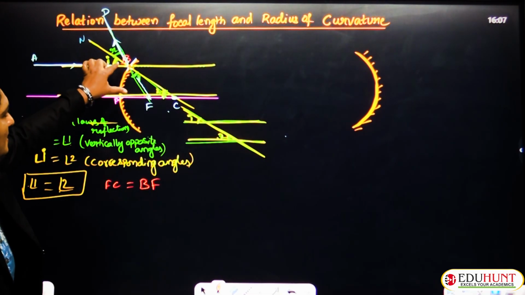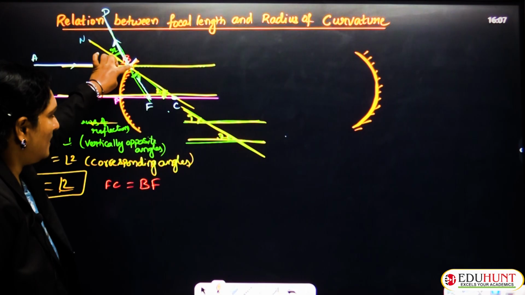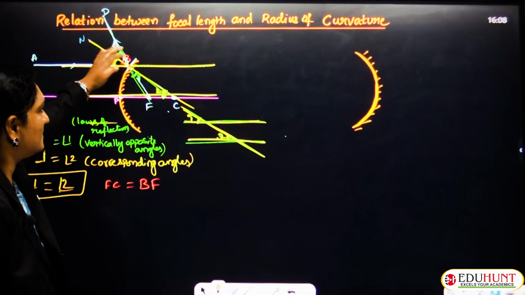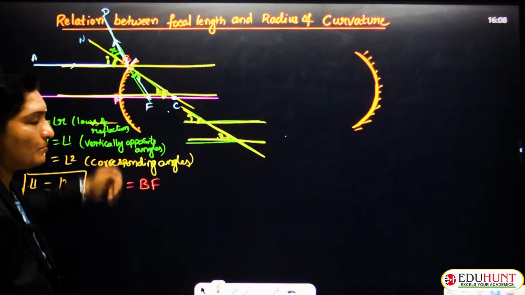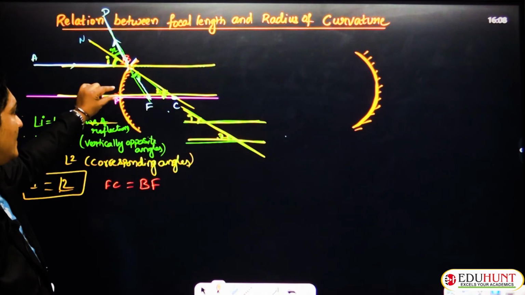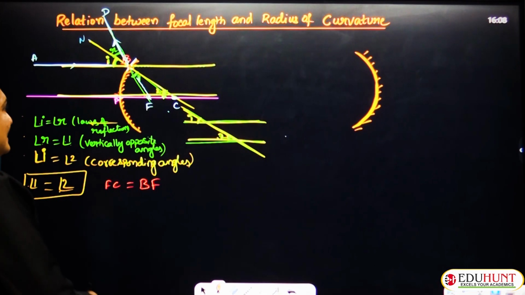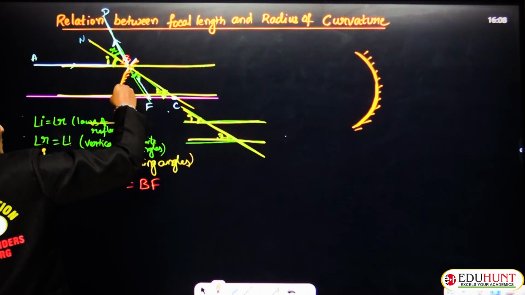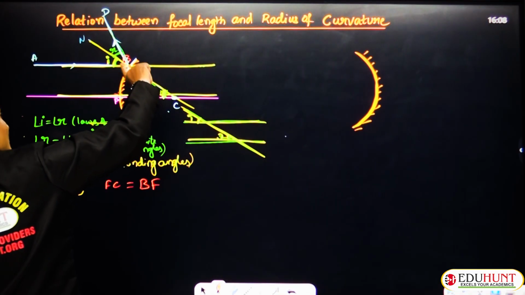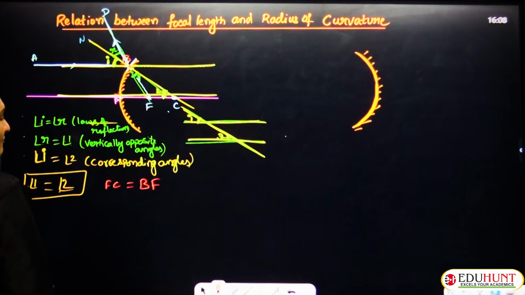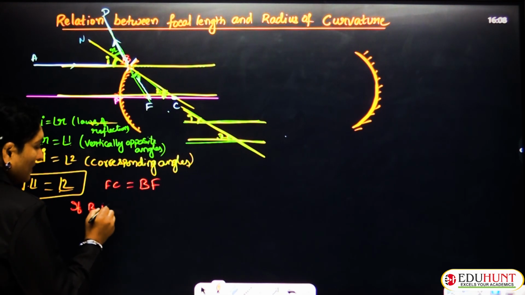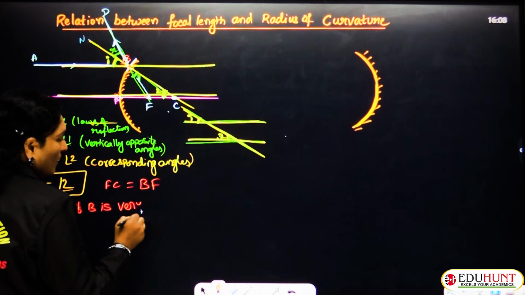Suppose you consider that this B is very close to point P, then the aperture will be the same. Then, if B is very close to P, instead of BF, may I write it as PF? So, that is a condition.